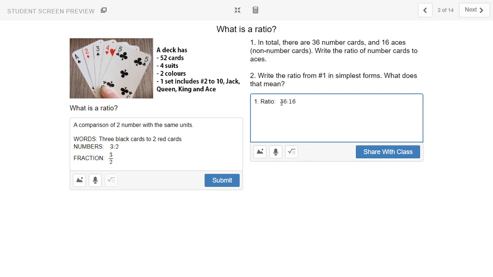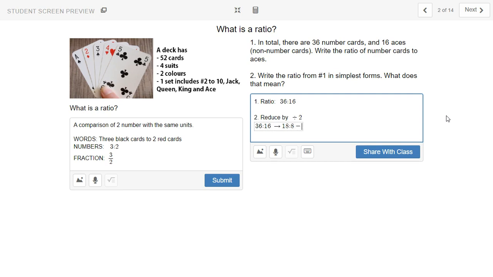Now, I can reduce this ratio to simpler forms because both of these are even numbers. So I'm going to divide both of them by 2. Okay, 36 to 16 is equivalent to saying 18 to 8.